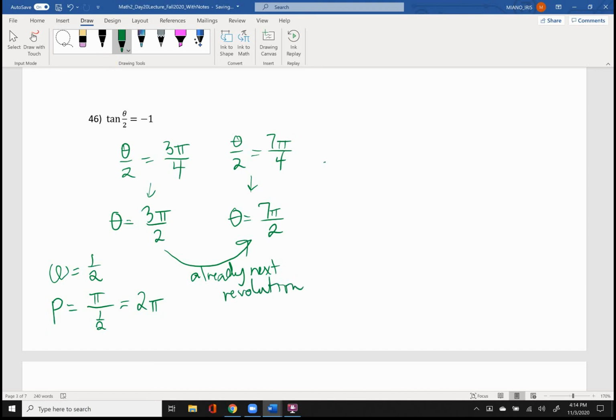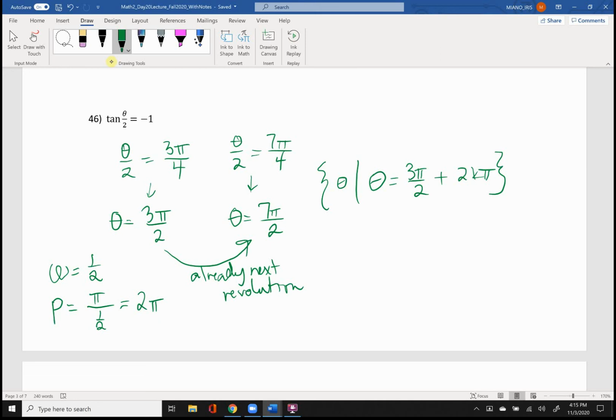That is what leads us to have a slightly shorter listing of options that we need in order to come up with the formula. Theta here will be 3 pi over 2 plus 2k pi. Whereas without this modification on the period, you would be iterating by multiples of pi, so it would be adding k pi. But we had this adjustment with the period, so that's what made it like this.